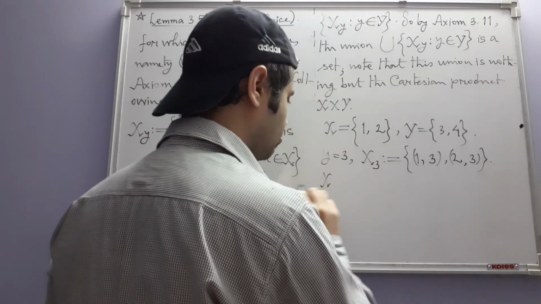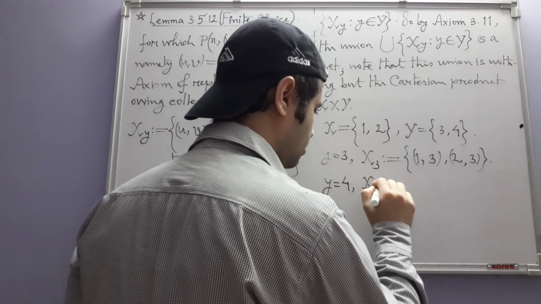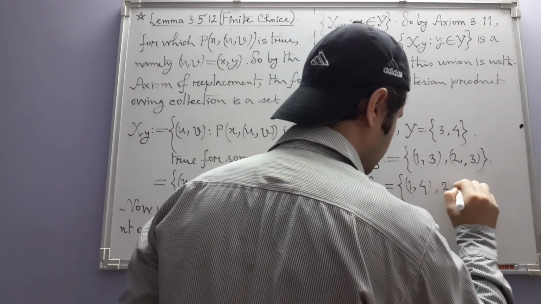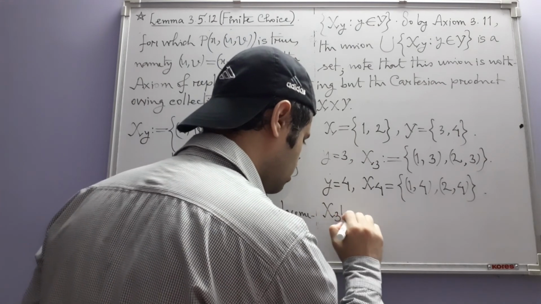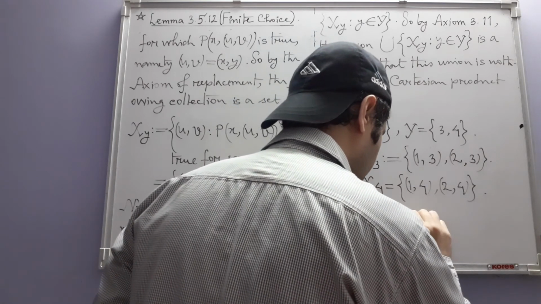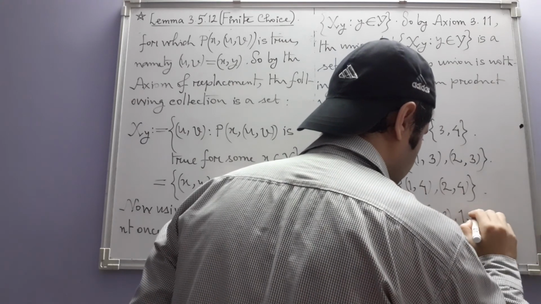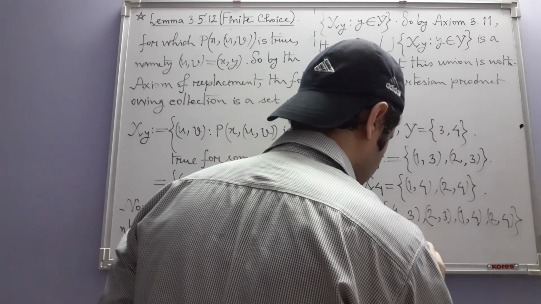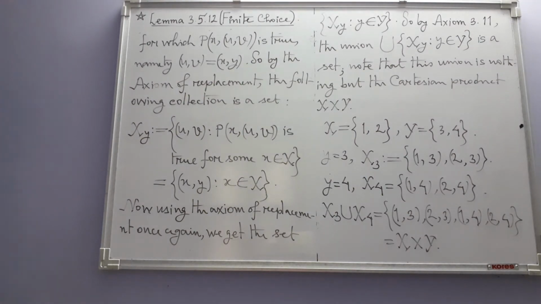And in place of y, if we have 4, then we have X_4, which is (1, 4) and (2, 4). So if we take their union, (1, 3), (2, 3), (1, 4) and (2, 4), then this is nothing but X cross Y. So that's what we have done basically.